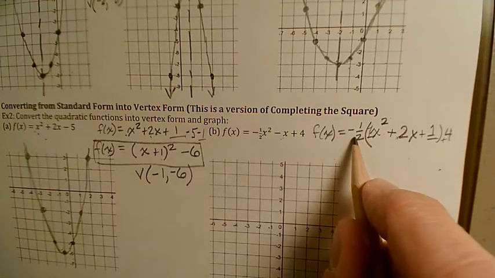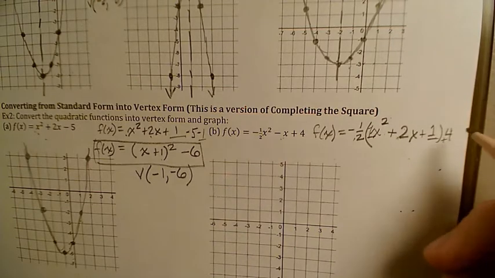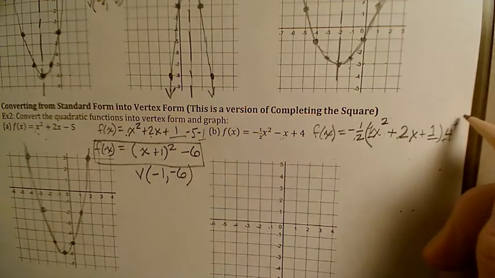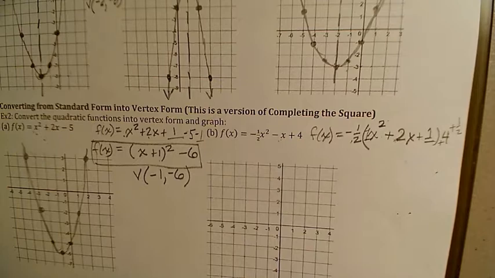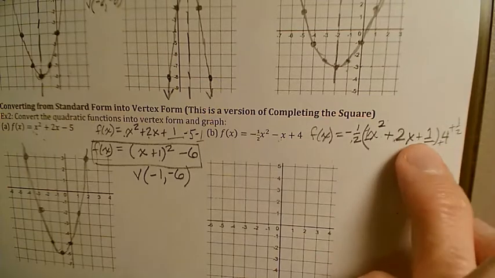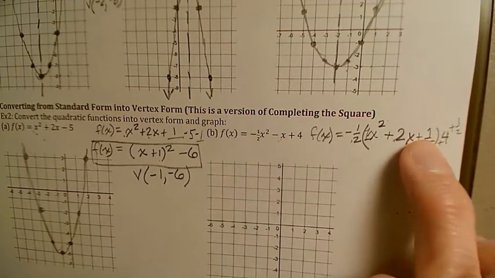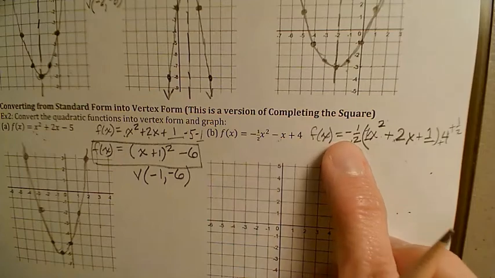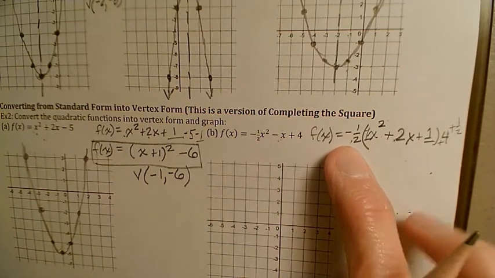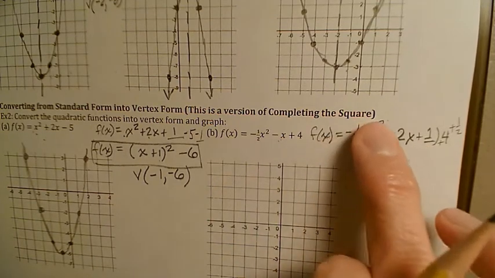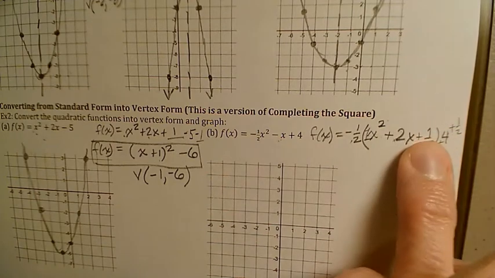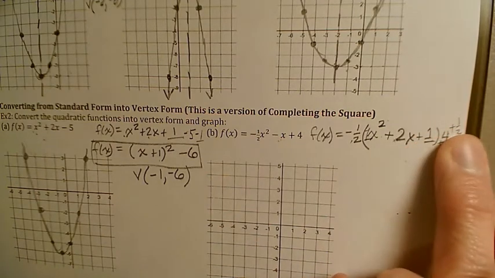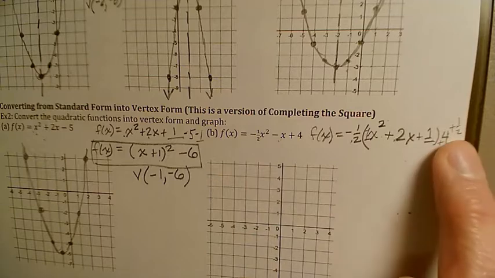So I subtracted 1/2, I need to add 1/2 to this side over here, because this 1, I need to counteract that 1. The true value of that 1 is -1/2 because of that -1/2 out in front. If I were to distribute that back in, this true value would be -1/2. So I have to counteract that by doing the opposite, adding 1/2.